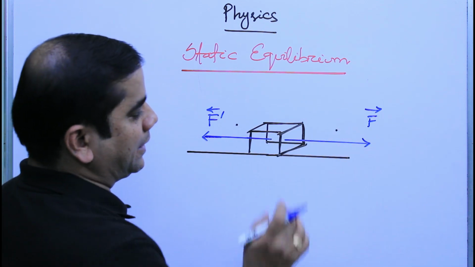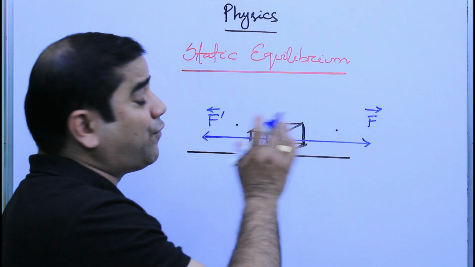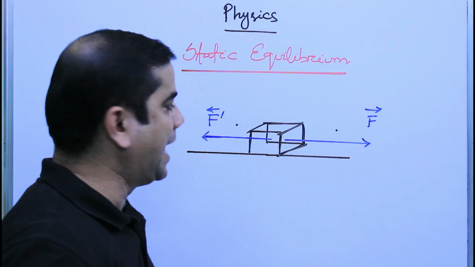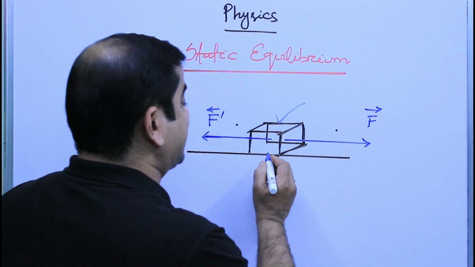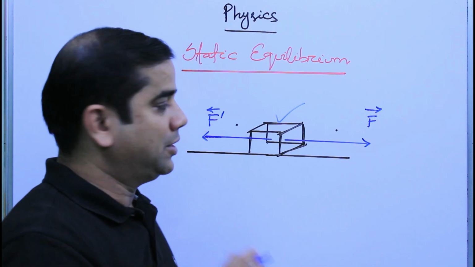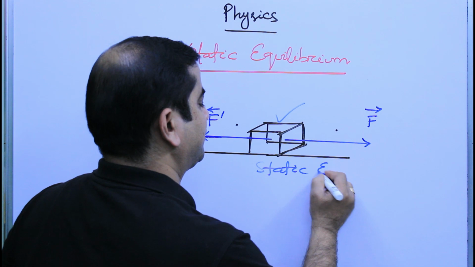So what happens over here? Because the magnitude of force is equal and both the forces are acting in exactly opposite direction in a single line, the book remains at the same position. That means it remains at its state of rest. So this is called your static equilibrium.